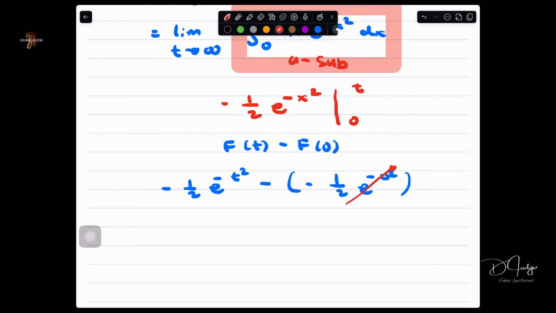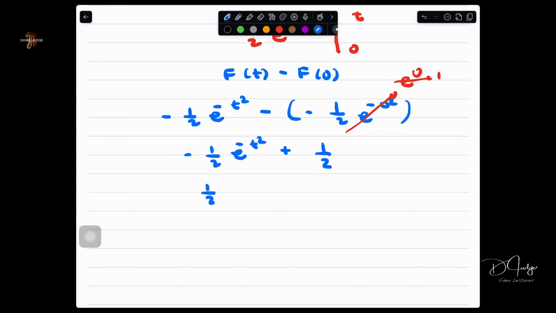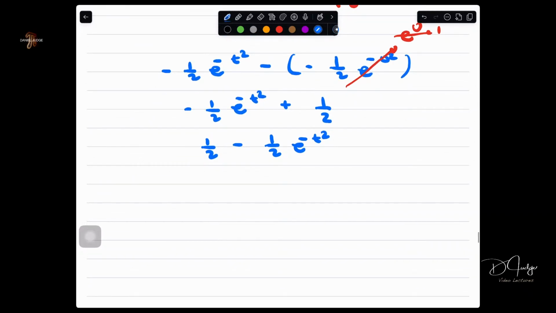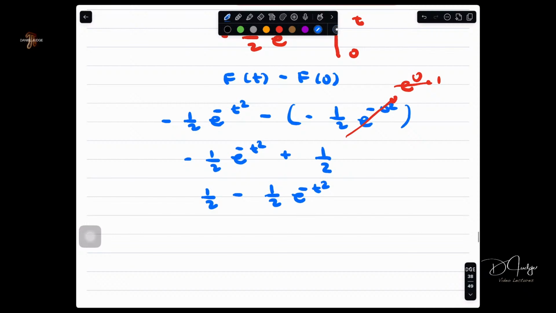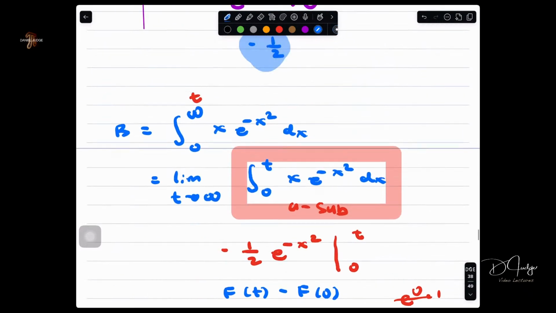Where you really have e to the 0, which will be 1. So this is negative 1/2 e to the minus t squared plus 1/2. And like I've been doing, I like to start with a positive term, so I switch these terms. Addition is commutative. So now, again, this is the I2 of t.